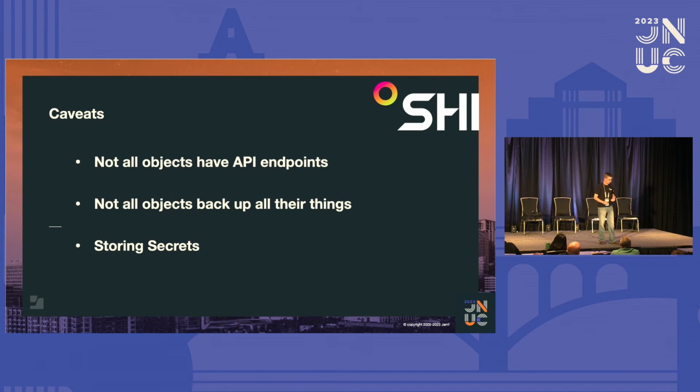A few caveats with this moving forward. Not all objects have API endpoints. What don't? For instance, account settings. And I'm not talking about privileges and stuff like that. I'm talking about, say, when you set your time zone or your search parameters. That can't be downloaded. Packages. We heard about JCDS 2.0.